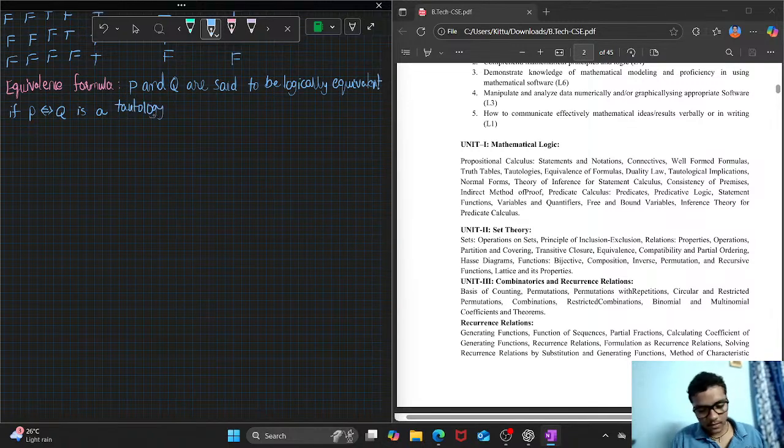So whenever P is true, the Q should be true, and whenever P is false, the Q should be false. If they are in that relation, then you can say P and Q are logically equivalent to one another.